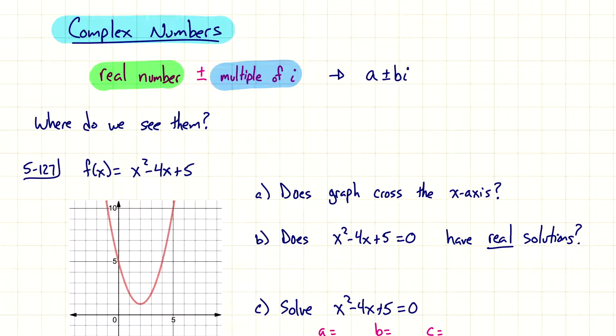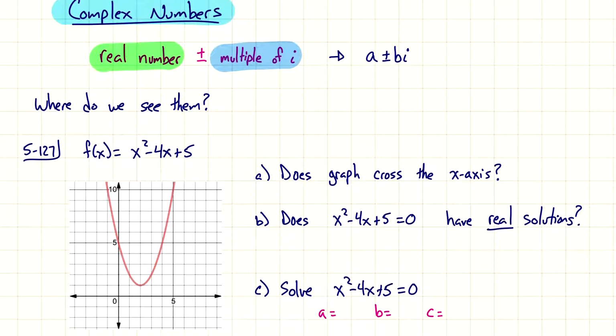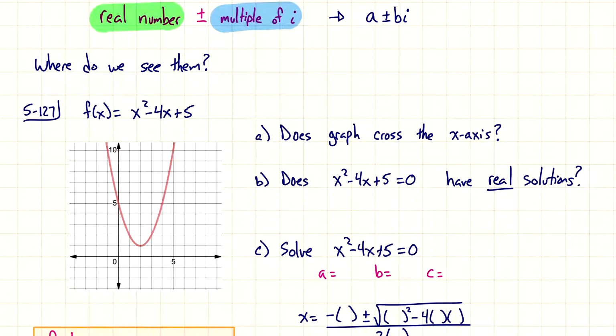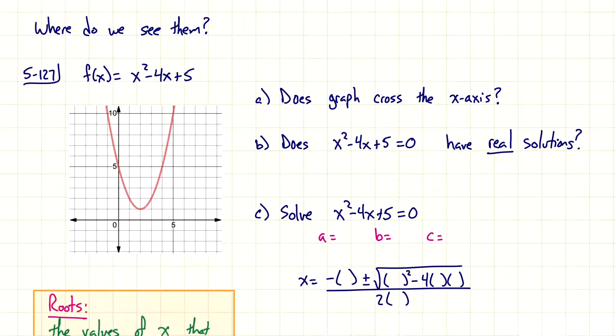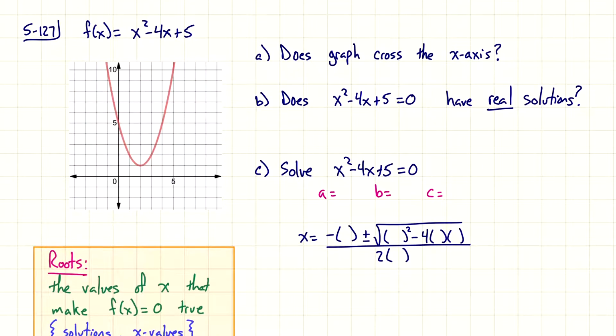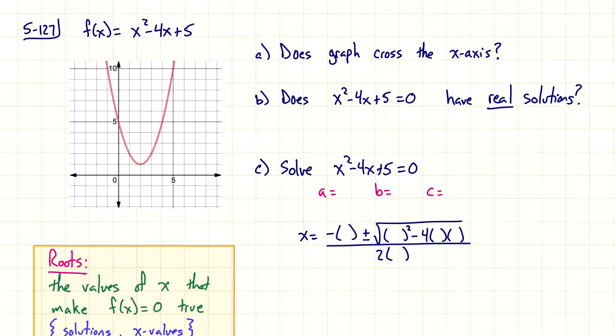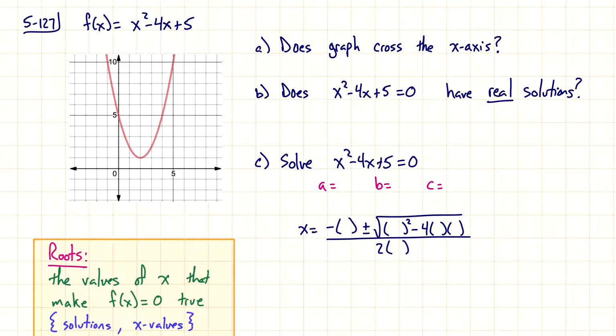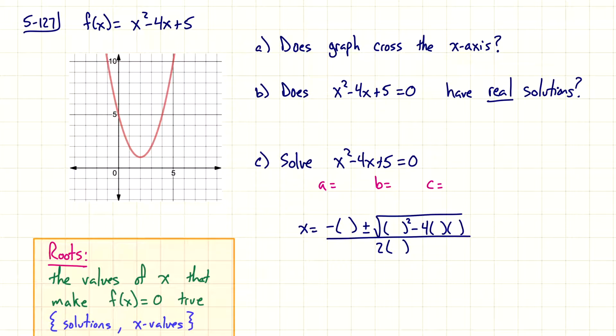All right, so where do we see complex numbers? Here's an example of a function, f of x equals x squared minus 4x plus 5. If we graph this, sketch a picture of this, you notice it's a parabola like we've seen before, and we ask the question, does the graph cross the x-axis?